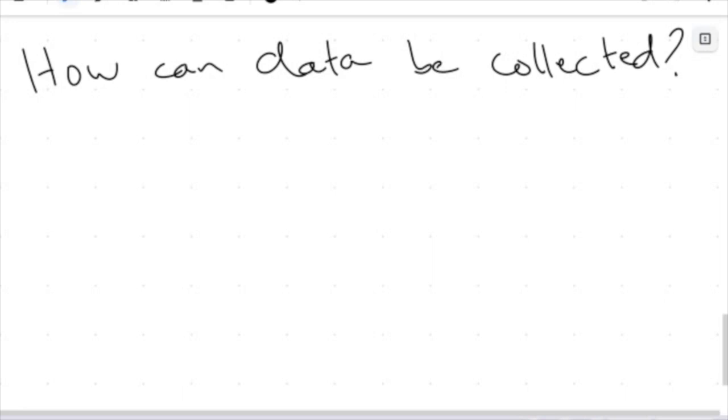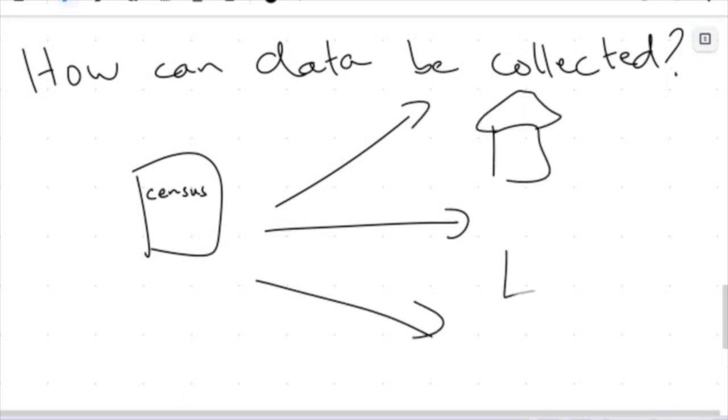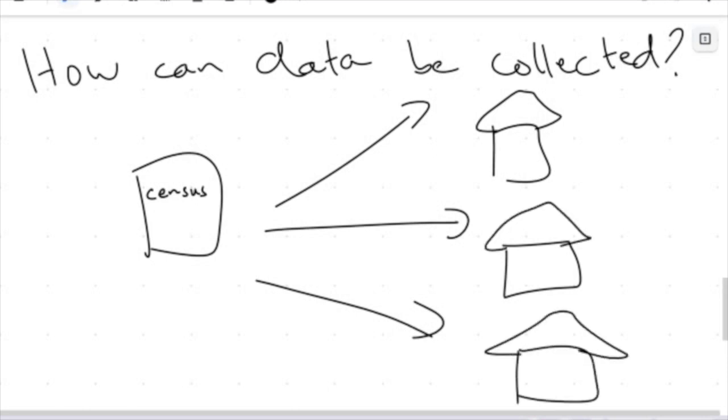So I would conduct what we have in Australia, something called a census. The Australian Bureau of Statistics puts out this thing called a census, and that goes to all these different households. We're collecting first-hand information from people.